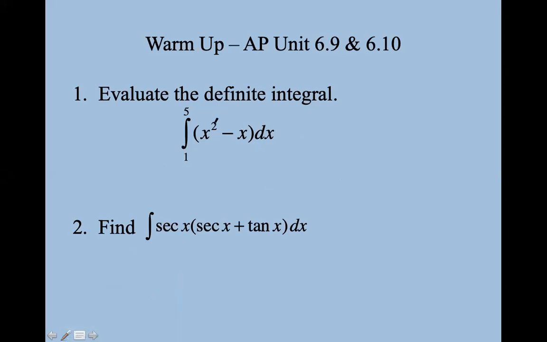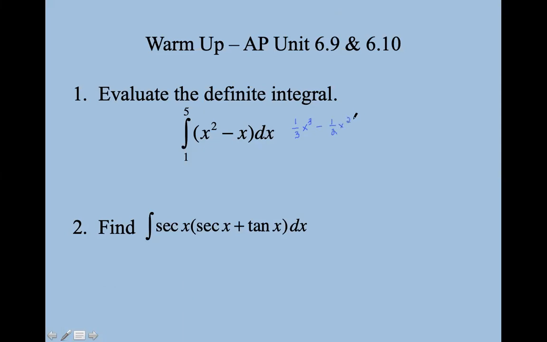So evaluating a definite integral, remember our process is to find the antiderivative of all the parts and evaluate it at the limits of integration. So the antiderivative of x squared is 1/3 x cubed. The antiderivative of x would be 1/2 x squared.